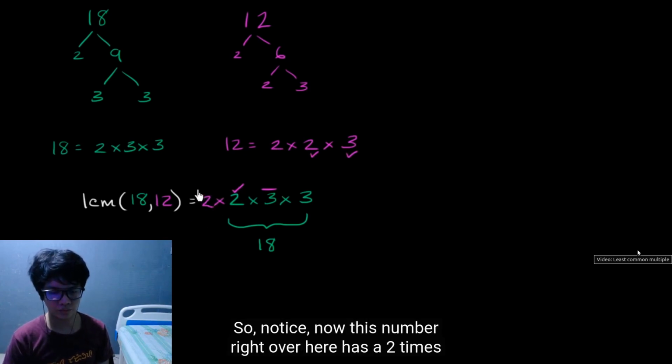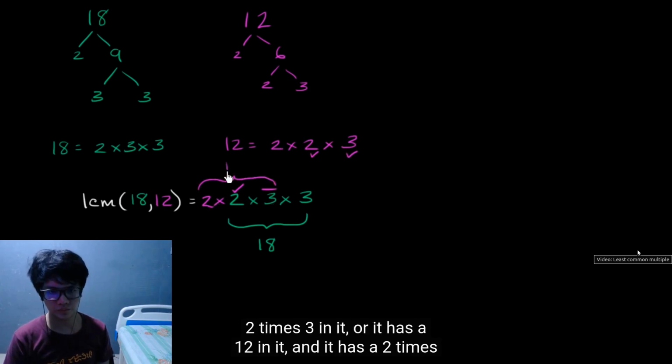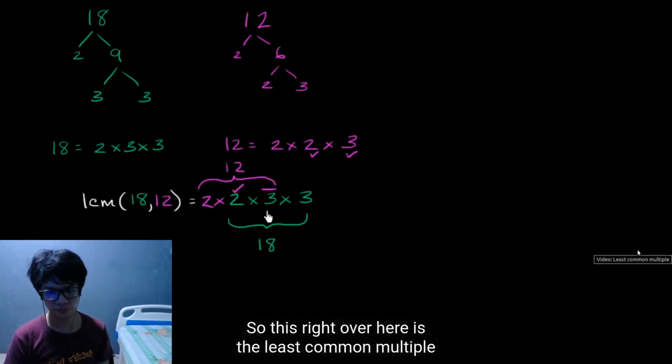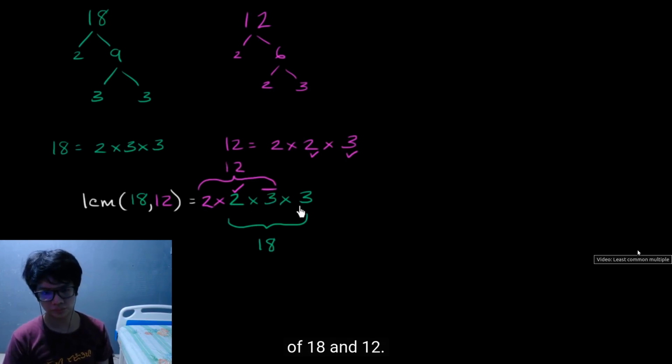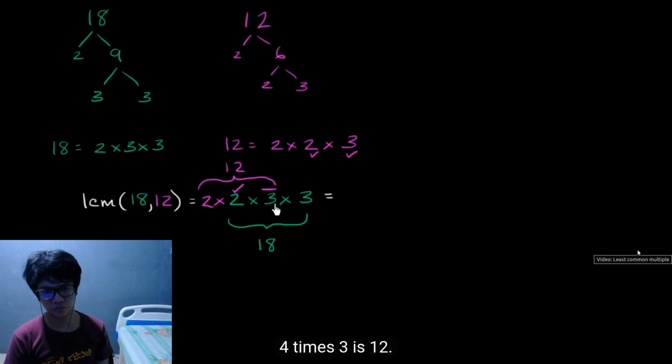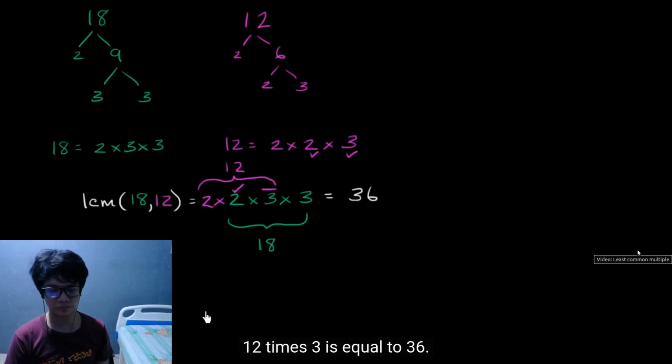So notice, now this number right over here has a 2 times 2 times 3 in it, or a 12 in it, and it has a 2 times 3 times 3, or an 18 in it. So this right over here is the least common multiple of 18 and 12. If we multiply it out, 2 times 2 is 4, 4 times 3 is 12, 12 times 3 is equal to 36, and we are done.